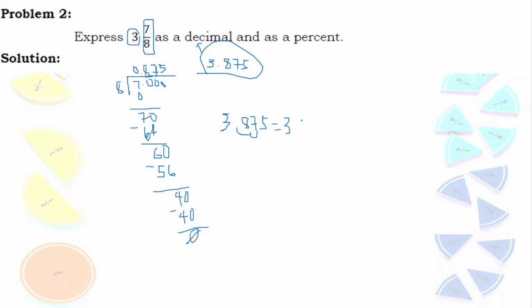So 387.5%. So this will be its percent. Okay? So that is how to convert from fraction to decimal and percent.